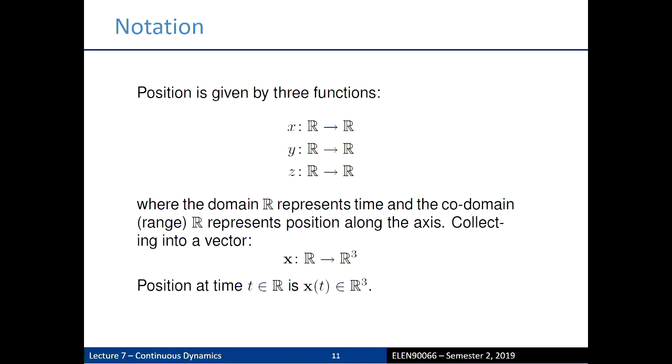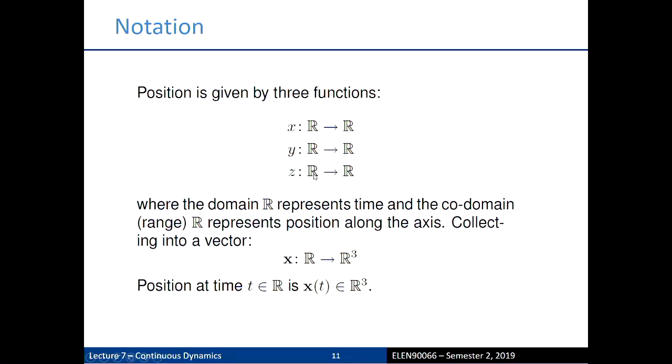When you are modelling continuous dynamics, you have to be very, very formal about how you model them. That means introducing mapping notation. We're going to do that for hybrid systems and timed automata and that sort of stuff when we get to it. So this is pretty simple. Position is given by 3 functions, and these are mappings from real numbers to real numbers. What are they mapping?